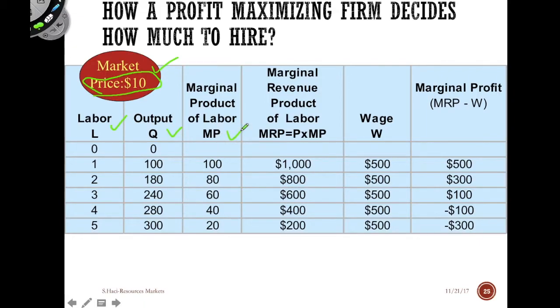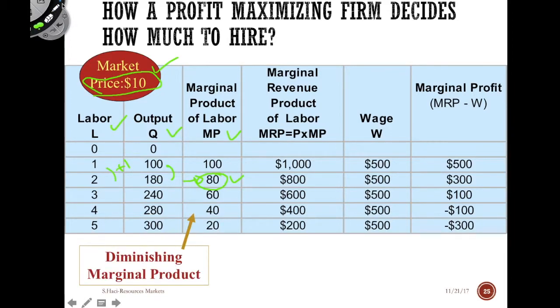And our marginal product of labor would be what each additional worker adds to the production, right? So for instance, with one worker, you're able to produce 100 units. With two workers, you're able to produce 180 units. So the second worker allowed you to add 80 units because you went from 100 to 180, therefore you added 80 units by adding that second worker.